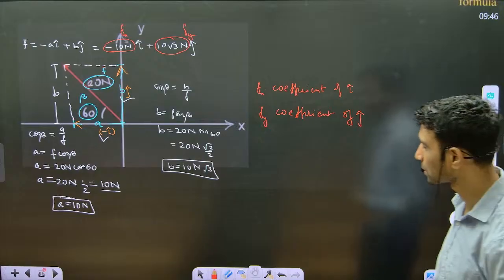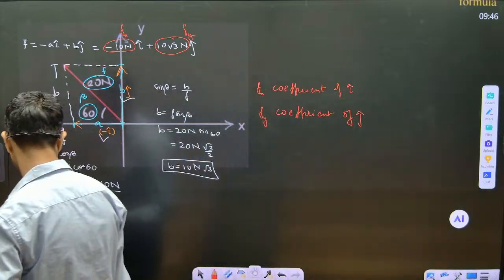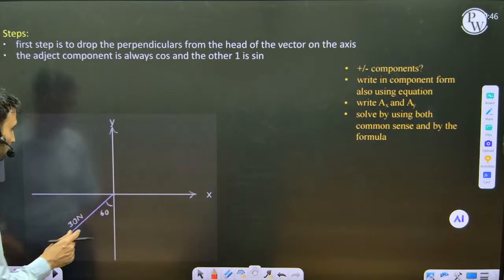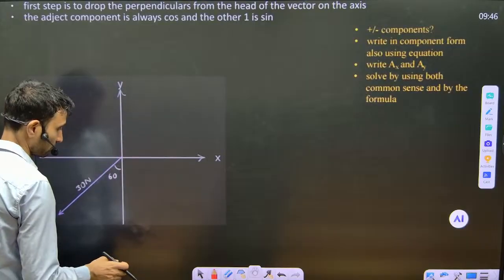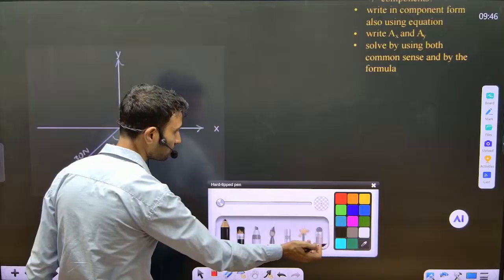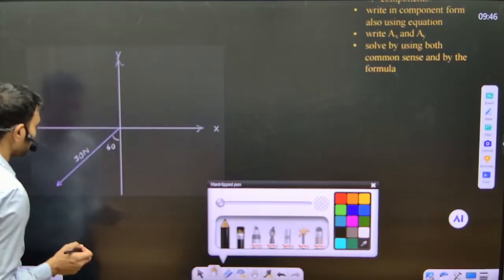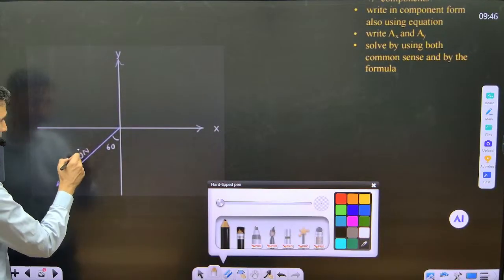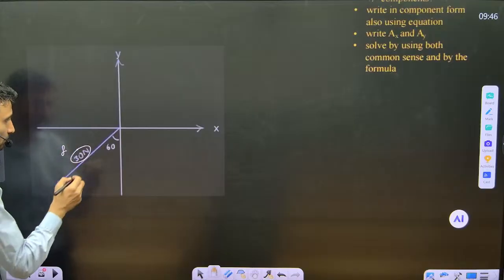Right? So let's go ahead and let's do this problem also. And the process will be same. Let's call this f, and this is beta, let's say.